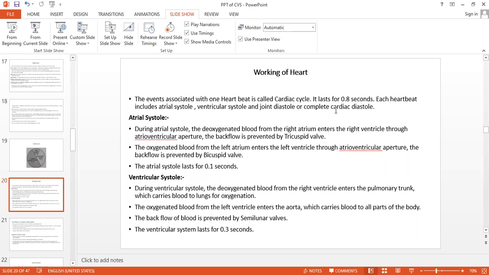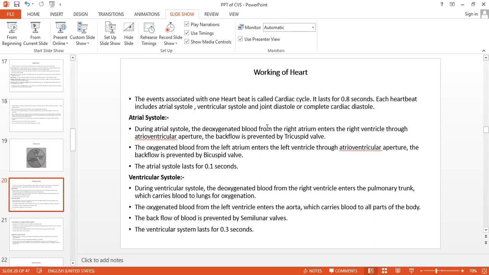What happens during this atrial systole? The deoxygenated blood enters the right atrium, and when the right atrium contracts, it empties its contents into the right ventricle. The left atrium contains the oxygenated blood, and it empties its contents into the left ventricle through the valves.